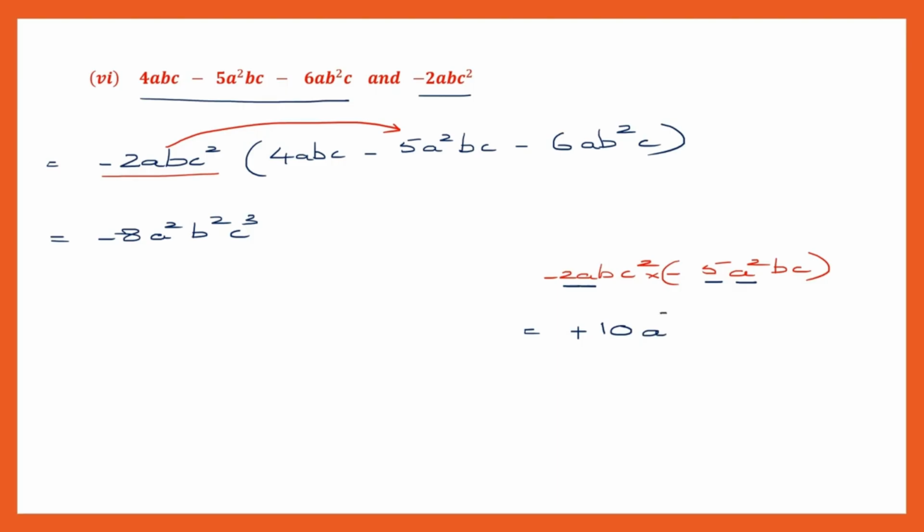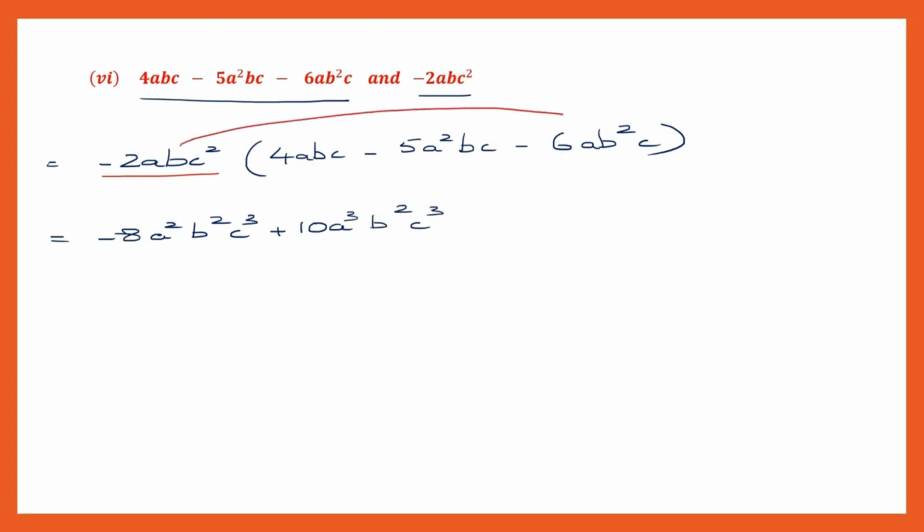So that makes it a to the power of 3. 1b and 1b, b to the power of 2. C to the power of 2 and c to the power of 1 makes it c to the power of 3. So what do we have there? We have plus 10 a cubed b square c cubed. Now let's multiply with the third term.